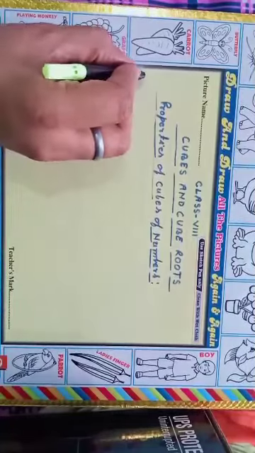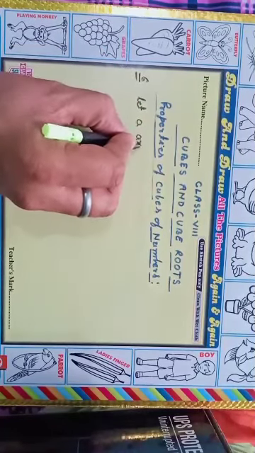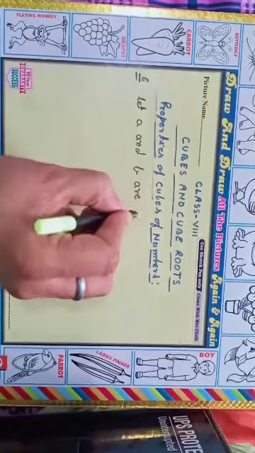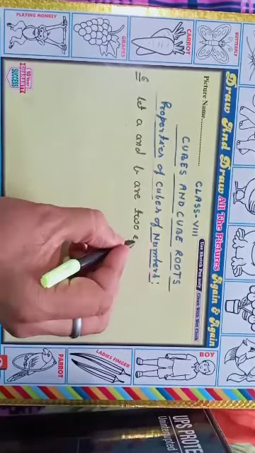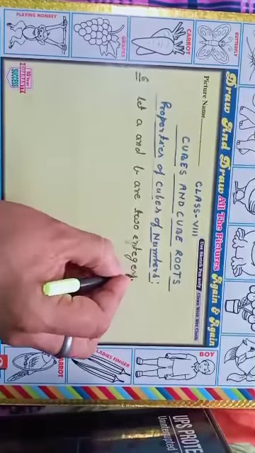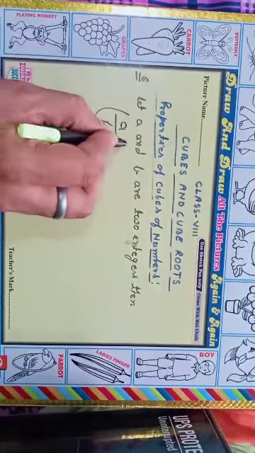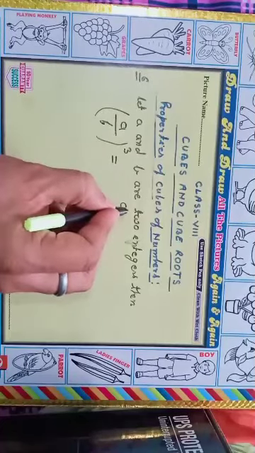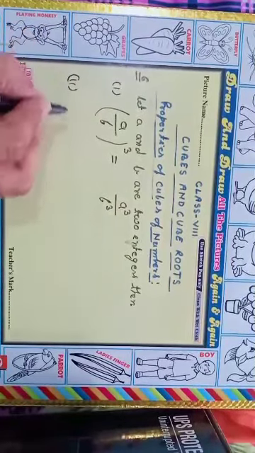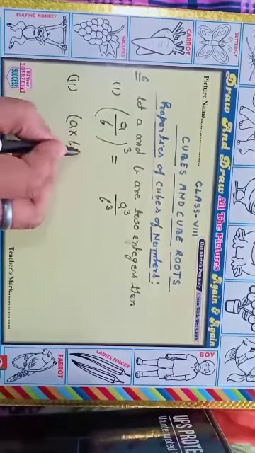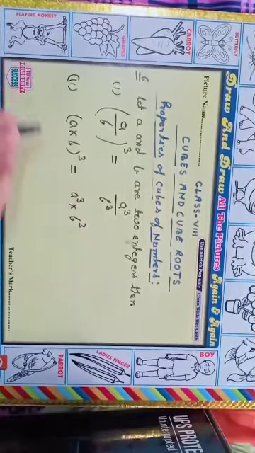Now next, the sixth property. Let A and B be two integers. Then (A/B) whole cube is equal to A cube by B cube, and second, (A into B) whole cube is equal to A cube into B cube.